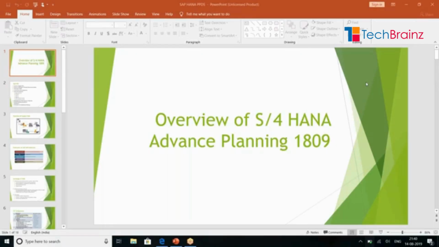PPDS can definitely create your plan independently, and some companies also use the SNP plan as a reference to the PPDS plan. So all the rough cut planning, which are the receipts generated by SNP, are taken into consideration in PPDS, and only scheduling takes place. Or a company can directly go for PPDS planning.